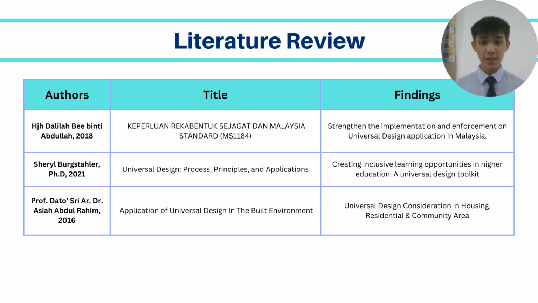The next finding is to strengthen the implementation and enforcement of universal design application in Malaysia. Next is creating inclusive learning opportunities in higher education, which is a universal design toolkit. Lastly, it is the universal design consideration in housing, residential, and community area.